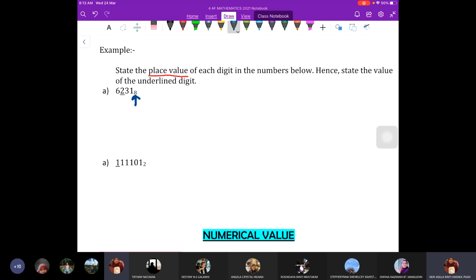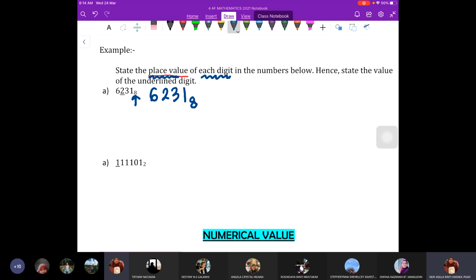If you see, so this is actually 6, 2, 3, 1 in base 8. Dia akan kat bawah, bukan kat atas. Index number, we are dealing with power. So power will be dia punya kat atas lah. So number bases, dia punya base will be below. Okay, so 6, 2, 3, 1 dan dia nak place value of each digit.